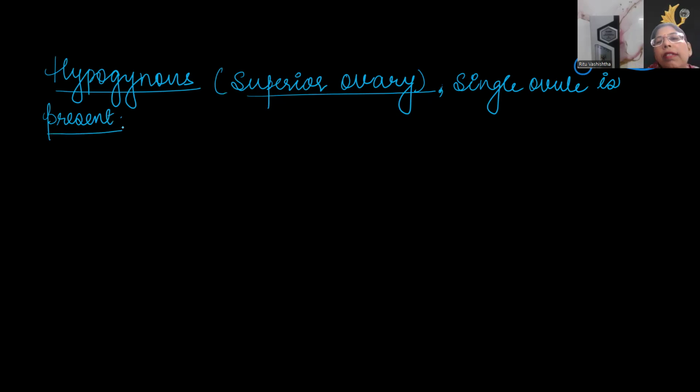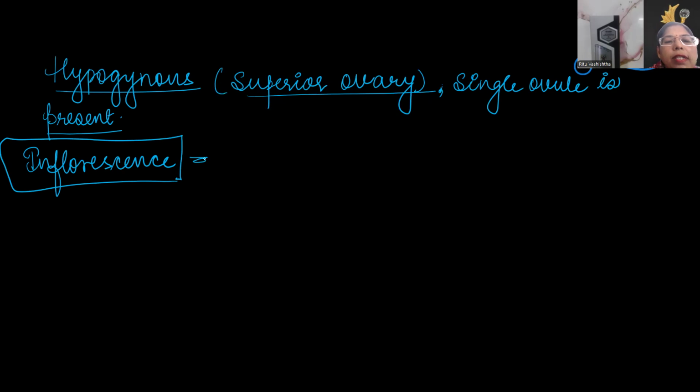And particularly the flower has the adaptations for the wind pollination. Now, when we talk about inflorescence, in this family it is known as the spike of spikelet. It is a type of racemose inflorescence.